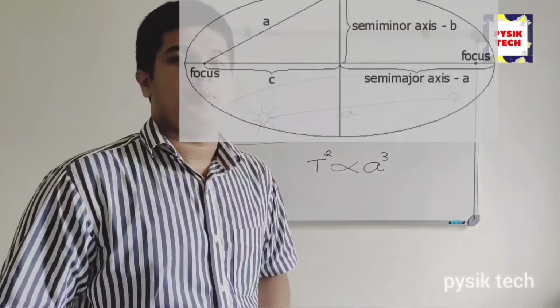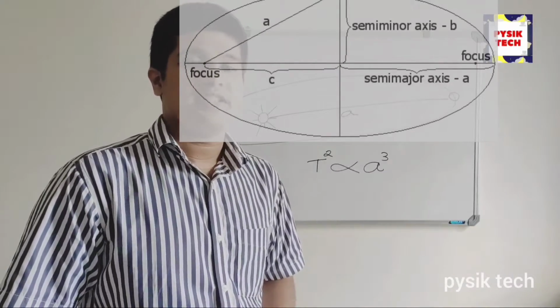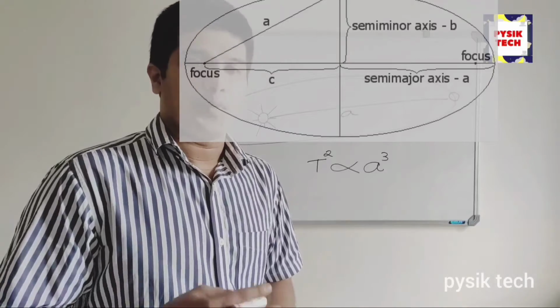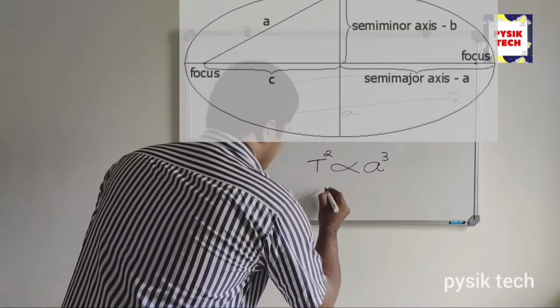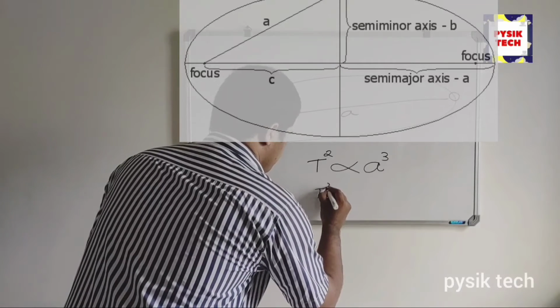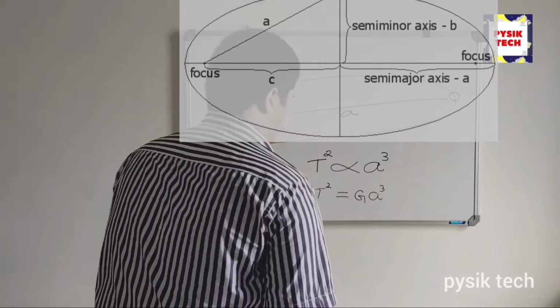How to remove the proportionality? By putting a proportionality constant, we can remove the proportionality. I am putting T squared equal to G and A cubed.